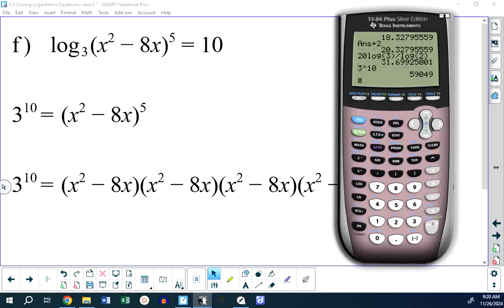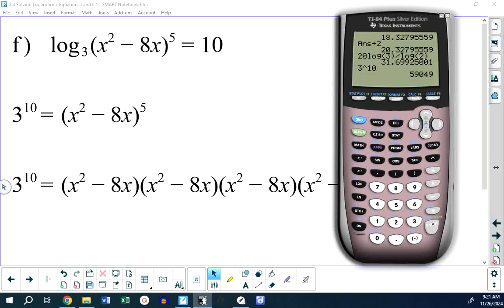And then you would subtract 59,049 to the other side, where you would get a polynomial equation equal to 0, and it would be a degree 10 polynomial equation, which for you to solve would involve you factoring it, which would mean you would look at potential zeros being factors of 59,049, find one, do synthetic division to get a degree 9 polynomial function, and repeat and repeat until you got down to a degree 2.